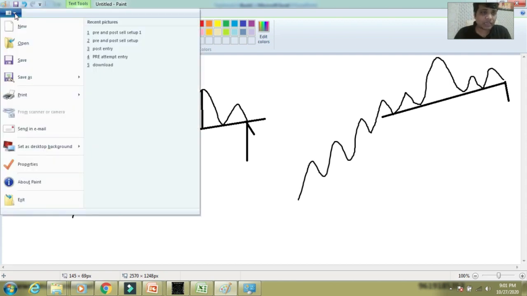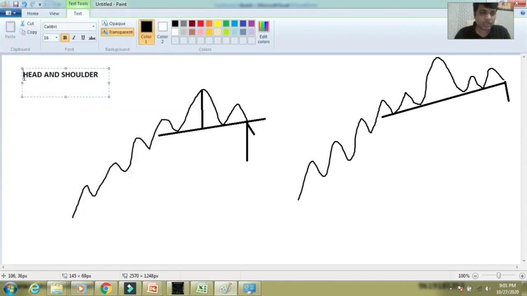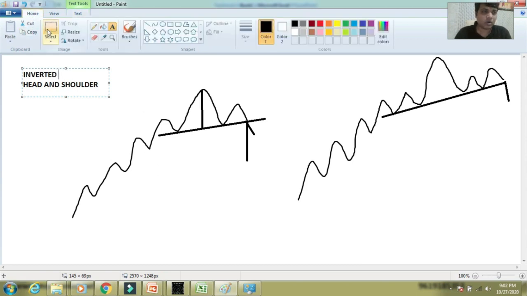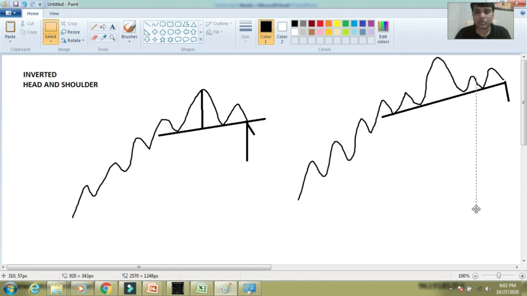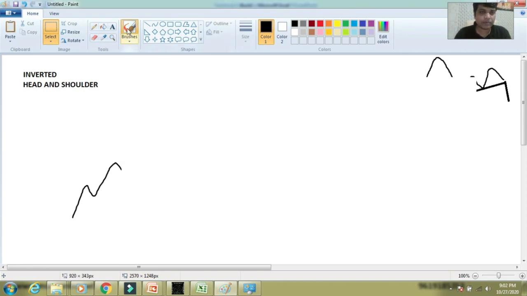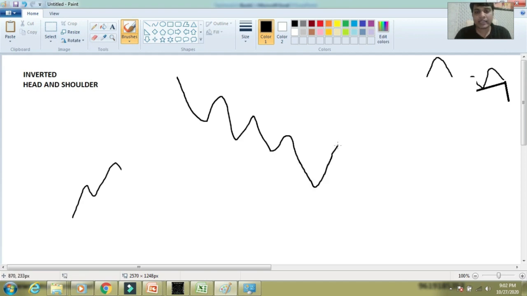Now let me take you through the inverted head and shoulder pattern. The inverted head and shoulder pattern happens at the end of the wave. Suppose, for example, the market is making lower tops and lower bottoms, and then the next move is made in this fashion, and when the neckline we join gets broken at this point with volume, if the market moves up, this is nothing but an inverted head and shoulder pattern.